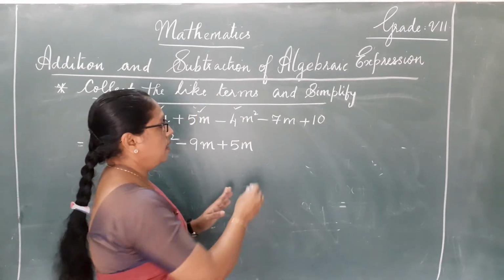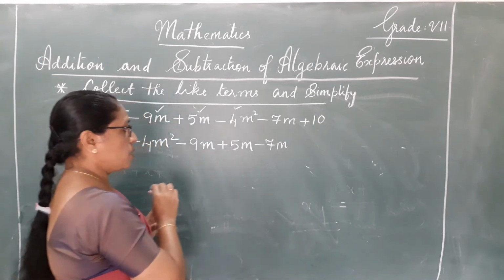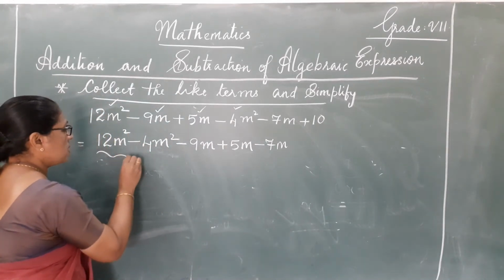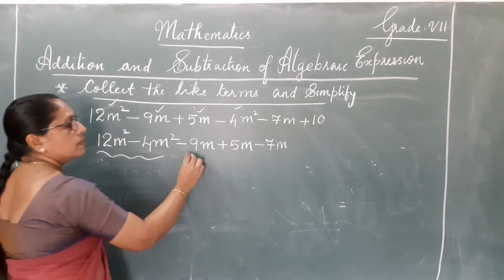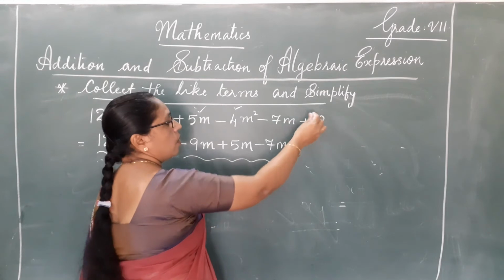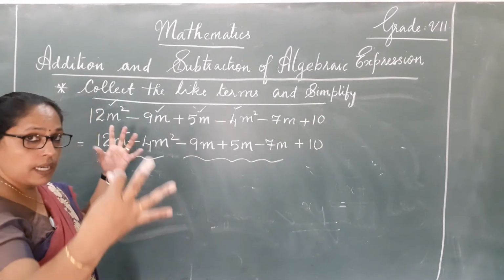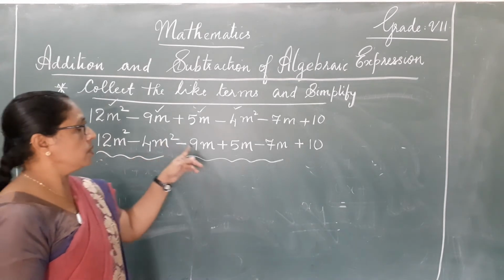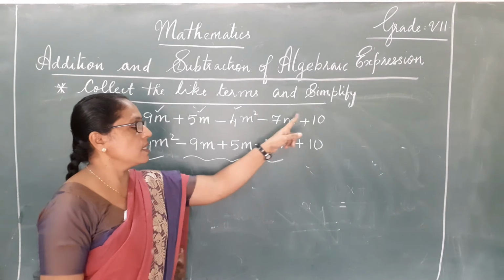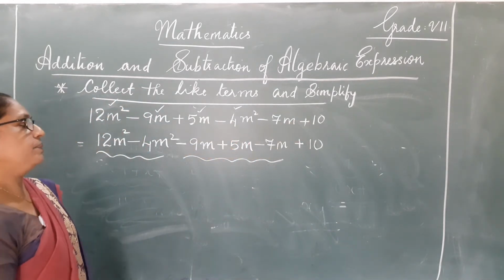What's the next? Yes. Minus 7m. Correct? So, that set is over. So, this is one set of like terms. This is another set of like terms. Then finally only one number is left, that is 10. After collecting, you count 1, 2, 3, 4, 5, 6. Correct, 6 terms, right?